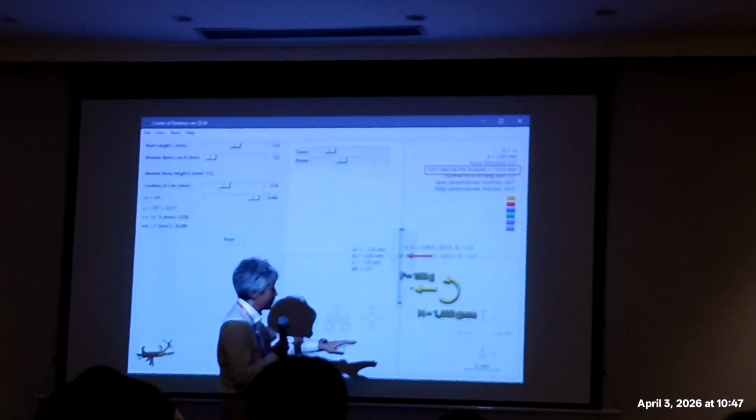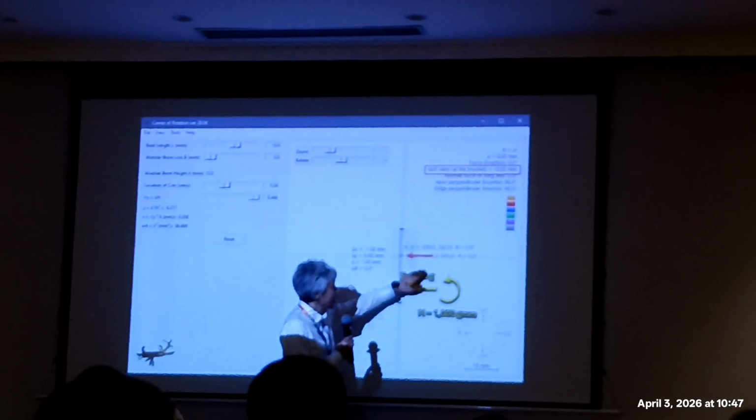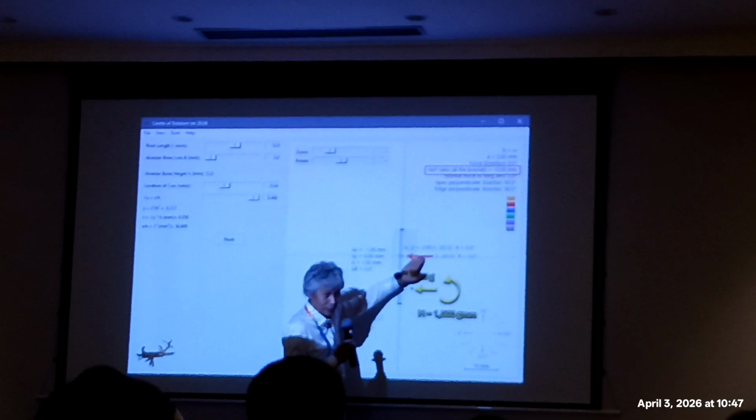If the moment is 1000 gram millimeter and the force is 100 gram, it is exactly the same as the force applied over here. Okay, so let me explain about that in detail. As we get the big picture, you see what it is.